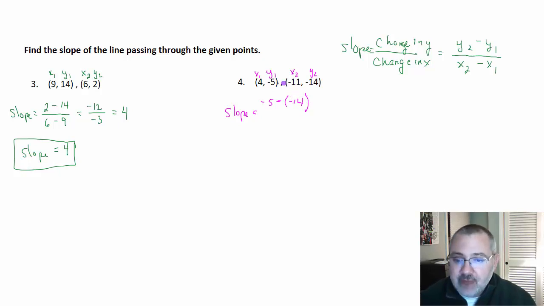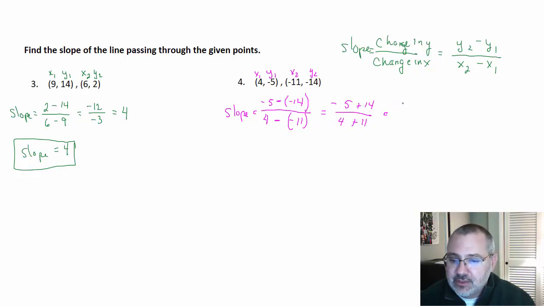Okay, so be careful. I see a lot of people do negative 5 and then minus 14, but it's really minus negative 14. So watch your signs. Over 4 minus, what are we subtracting? We're subtracting negative 11. Now we have two negatives together, that becomes a plus, so it's negative 5 plus 14 divided by 4 plus 11.